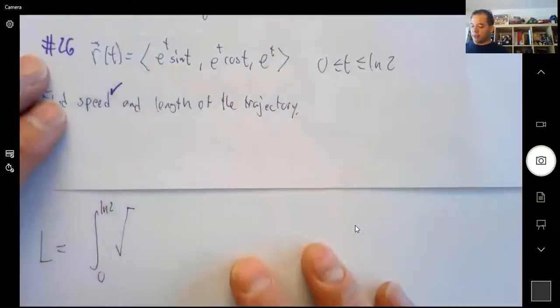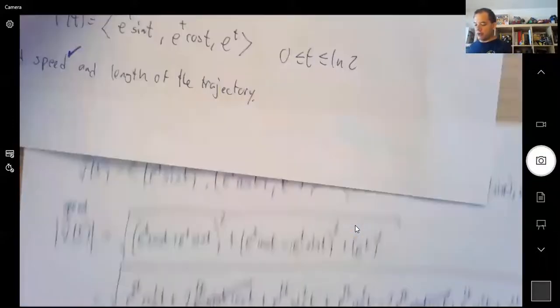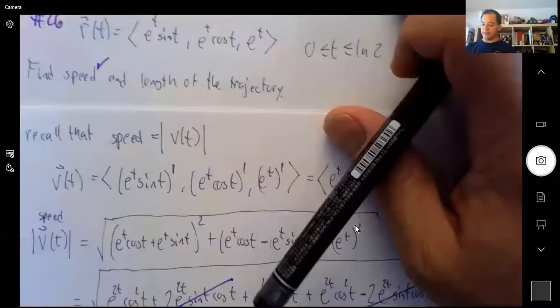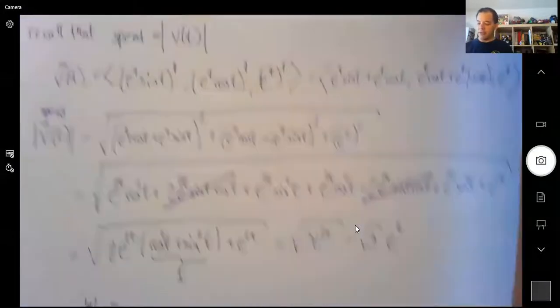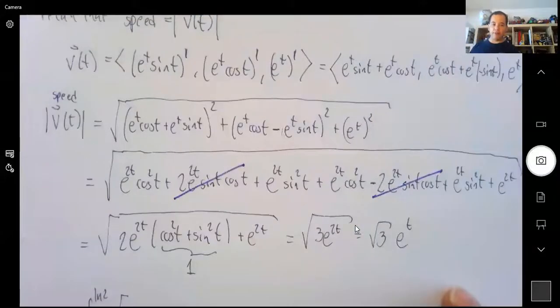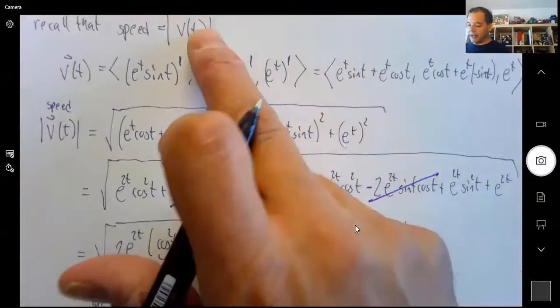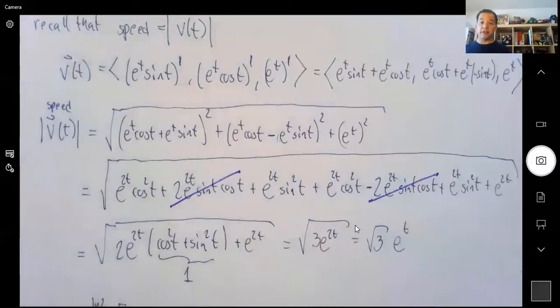So let's go back to what we did. Does this help us in any way? We did the velocity. Does that help to figure out the length? And notice, in general, this is actually something useful.